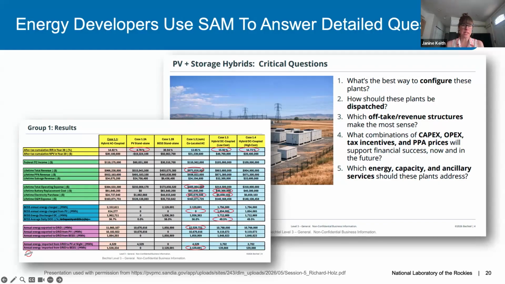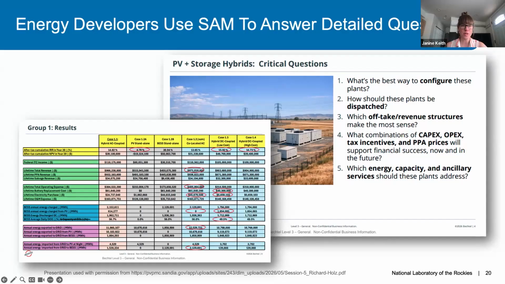I borrowed these slides from a colleague of mine, Rick Holtz, with his permission, that he gave at a presentation just in May, so pretty recently, looking at PV plus storage hybrids and a variety of questions that they had that they used SAM to analyze, including what was the best way to configure the plants, how should the plants themselves be dispatched, which off-taker or revenue structures made the most sense for those particular systems, what combinations of capital costs, operating costs, tax incentives, and power purchase agreement prices support financial success, and what energy capacity and ancillary services should the plants address with the energy storage.